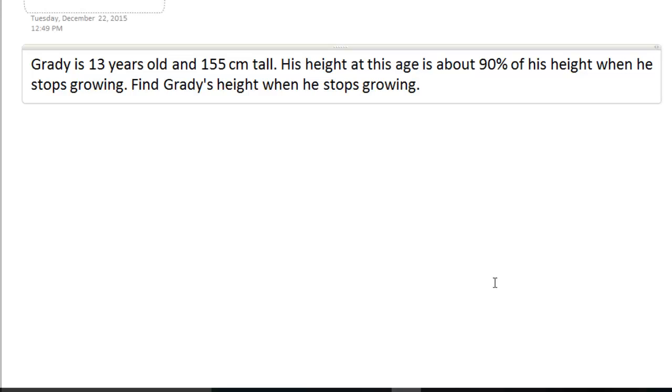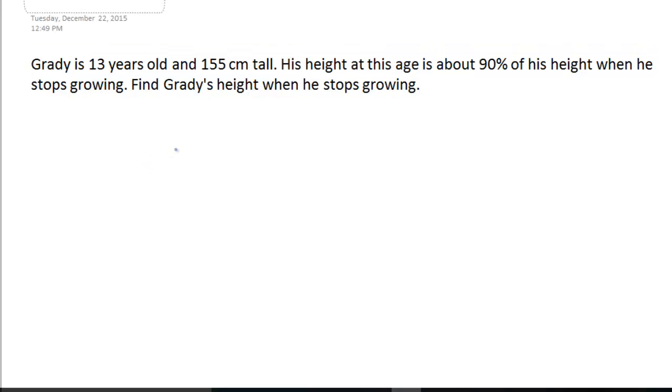Again, I like the same strategy that I showed before. I will say 90% of his height is 155 centimeters. This happened, and this is the result. 90% of his height reached 155. But we need to know when he stops growing.